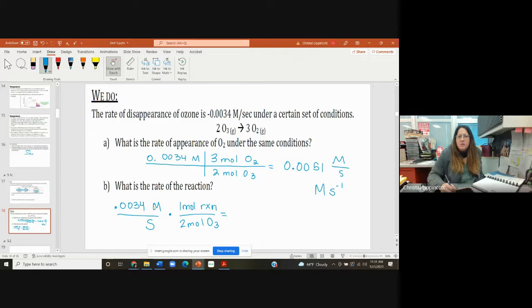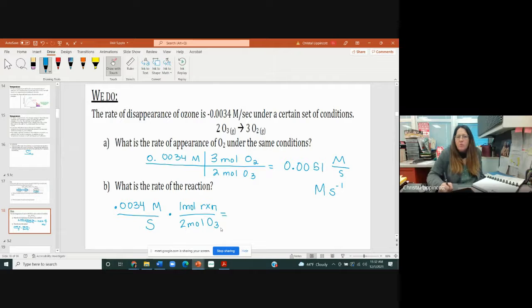So this is the disappearance of my ozone. Okay. And we're talking about reaction, so we're going to change that to a positive value. We want to know moles of reaction.